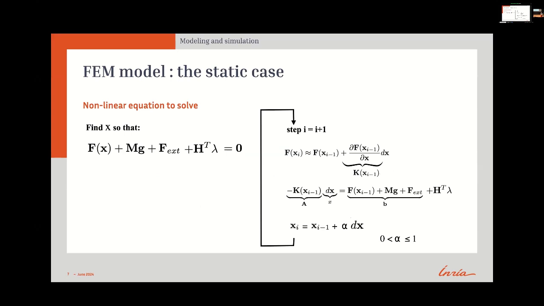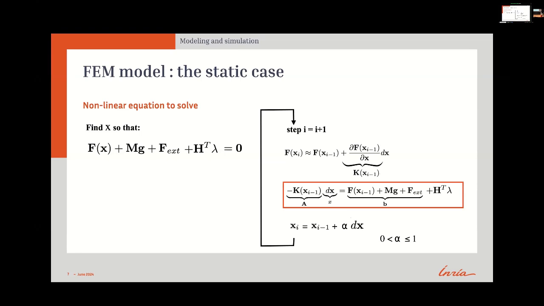Basically, when you want to compute that in quasi-static, you have several steps in which you linearize the non-linear force to obtain the tangent matrix, and then you solve at each step a big matrix system. And that's all you have to follow, because I will talk a little bit about math at the beginning. So to start with a little bit of equations, but it will not be too complex, I think.